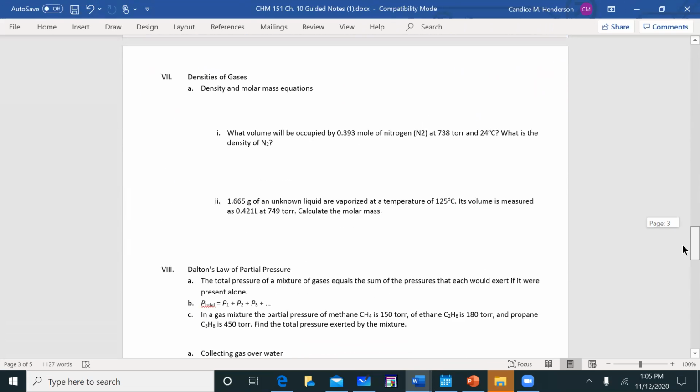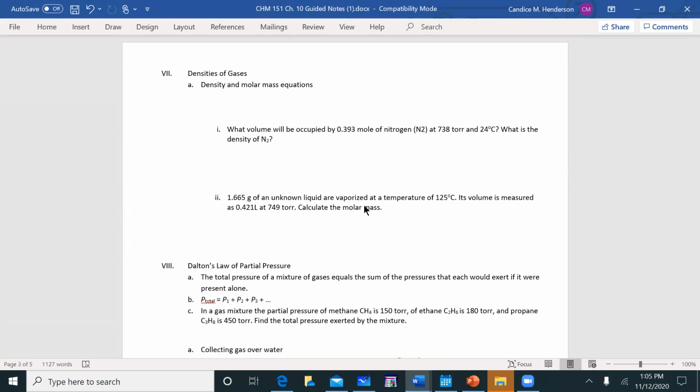The next section here is talking about densities of gases. So remember what density equals. Density is equal to mass over volume. Now, when using density to describe gases, we usually are going to be using units of grams per liter.